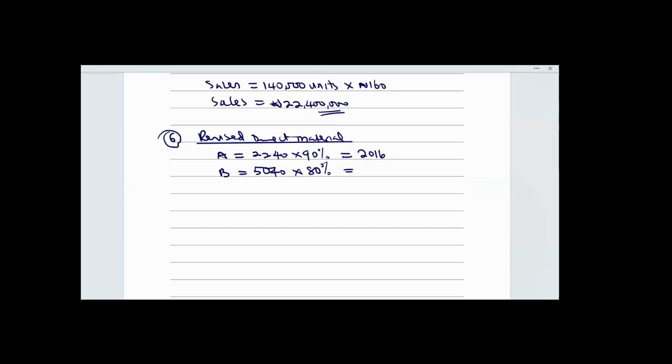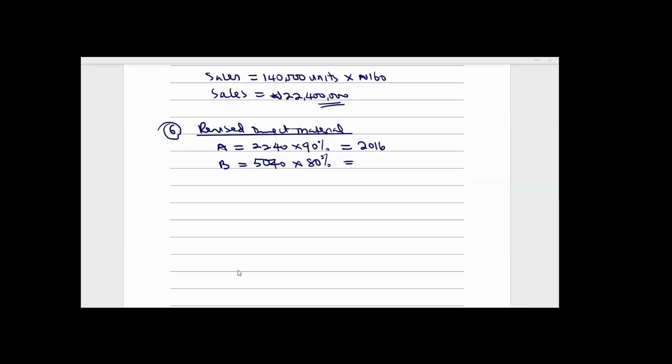Therefore, 5040 multiplied by 0.8, that's 4032. When you add it up, that will give you 6048. Then, working number 7, direct labor cost. We need to calculate revised direct labor.